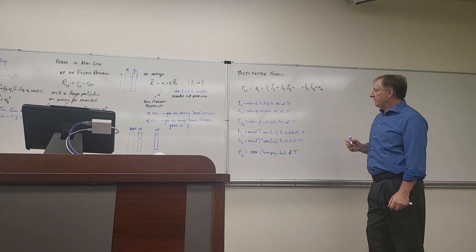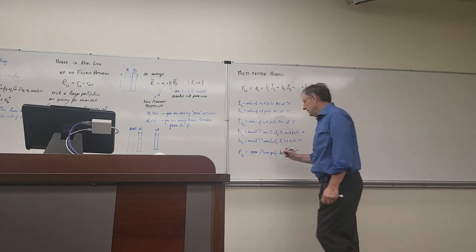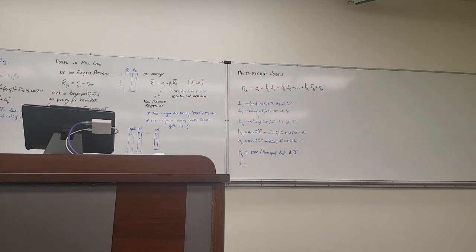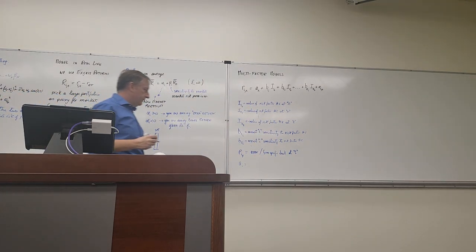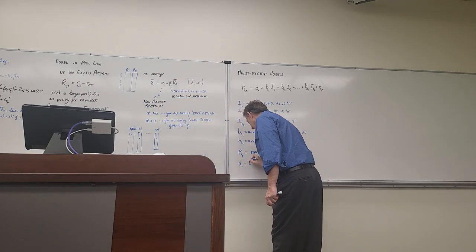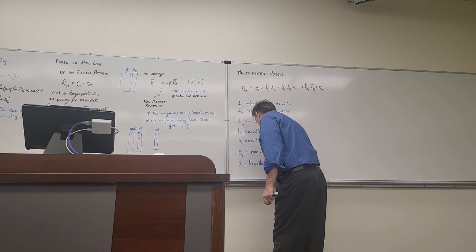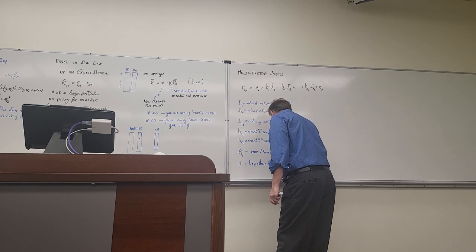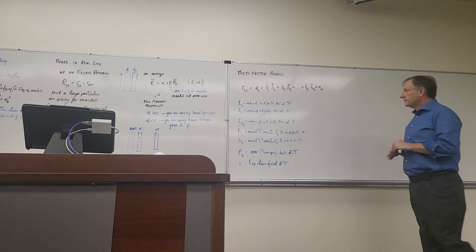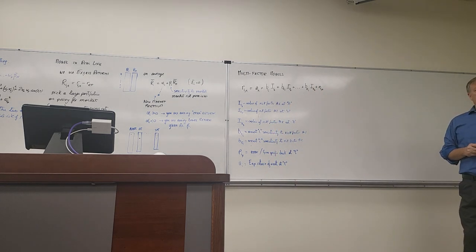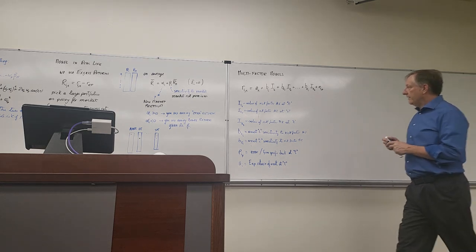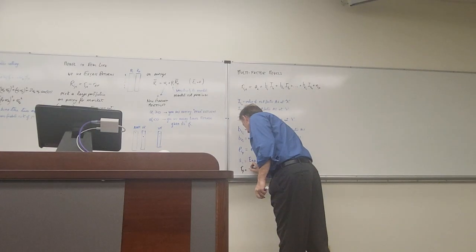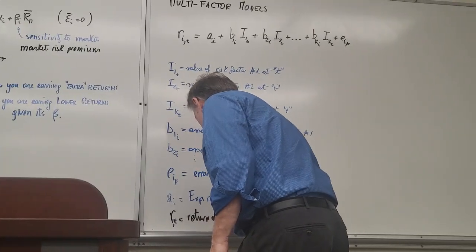And this alpha I, or A I, is the equivalent of the expected return of the stock. And the big R I t is the actual return of asset I.